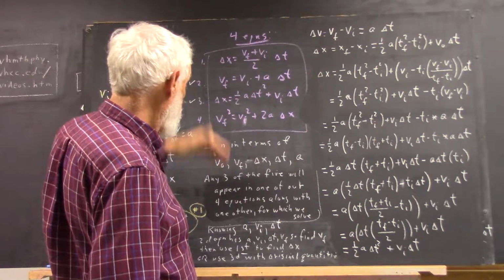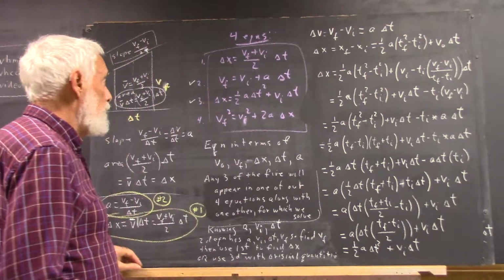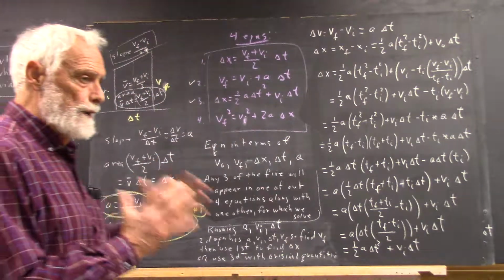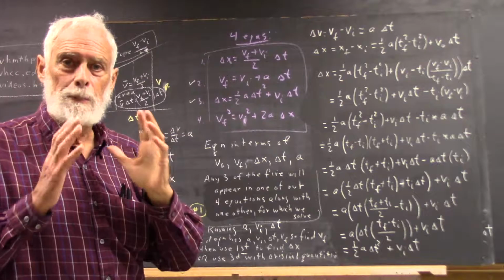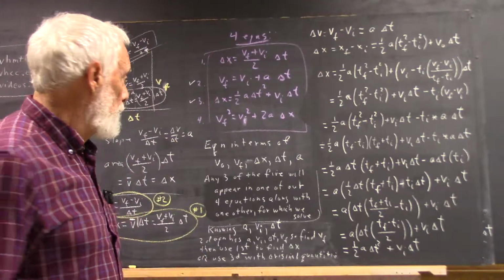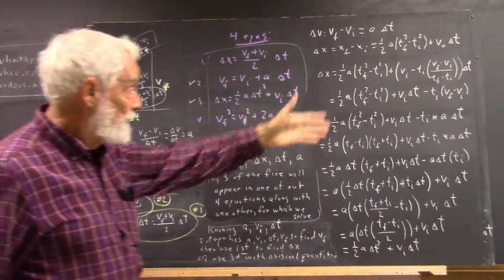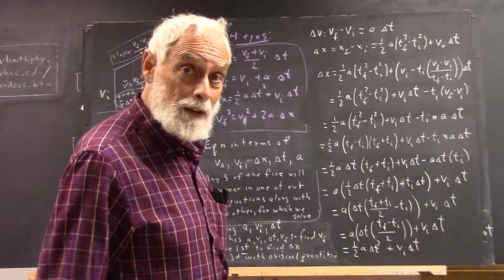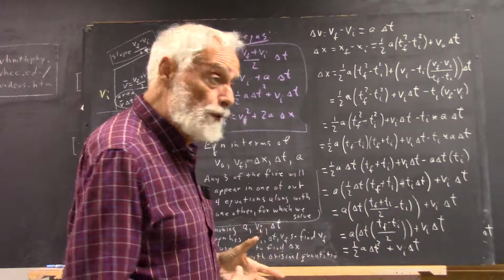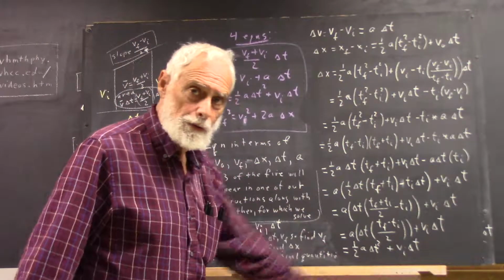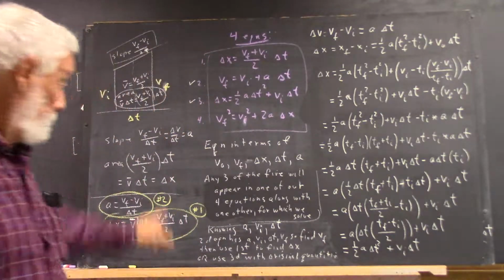So again, you get exactly the same four equations using just basic algebra and geometry and interpretation of graphs, especially interpretation of trapezoidal graphs. So that's much simpler, but that doesn't mean that this isn't really important, because when you have non-uniform acceleration, you often have to use the same sort of tricks that we used in doing this. Okay, so there it is.